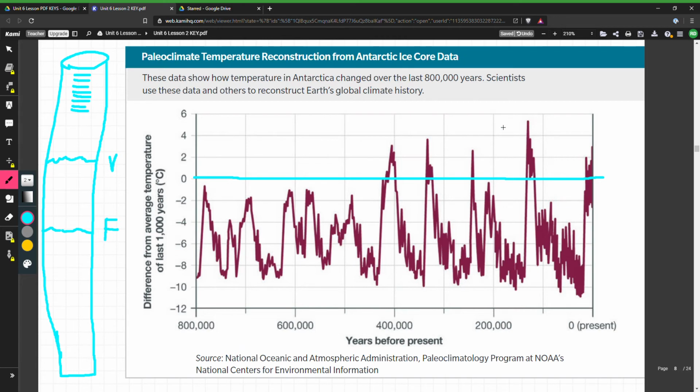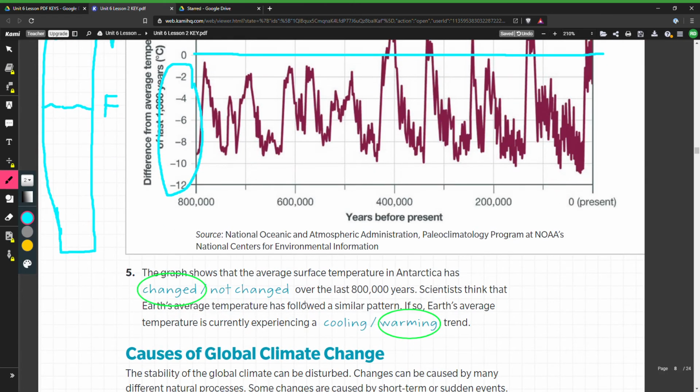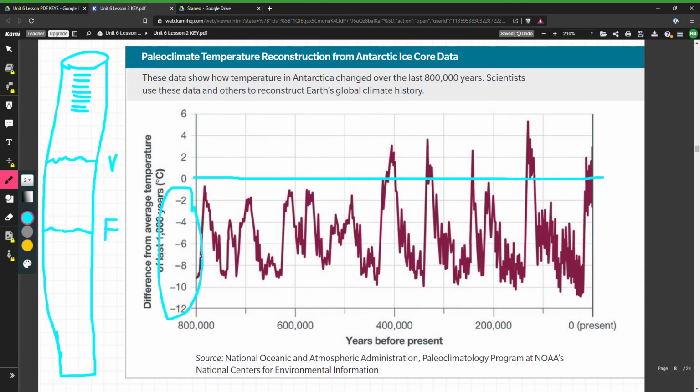It's down here most of the time in the negatives because we're talking about Antarctica. So Antarctica's temperatures are going to be colder than the global average. But it has changed, right? It's gone up and it's gone down quite a bit over long periods of time.